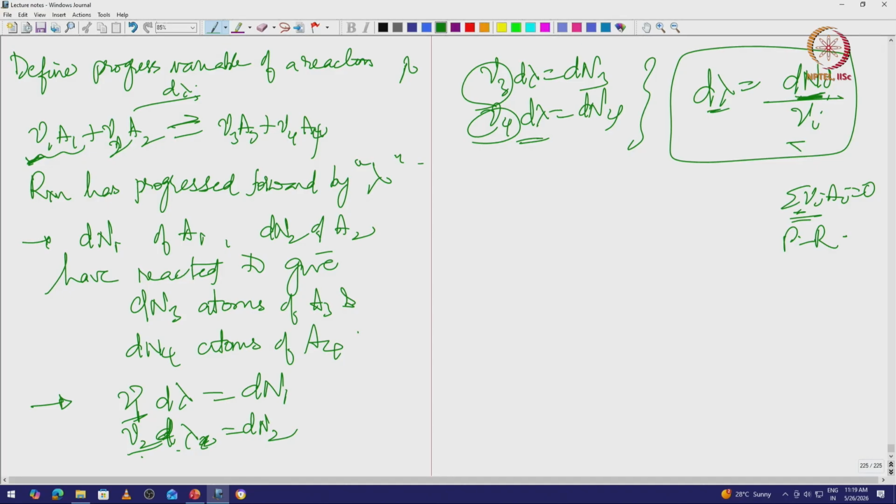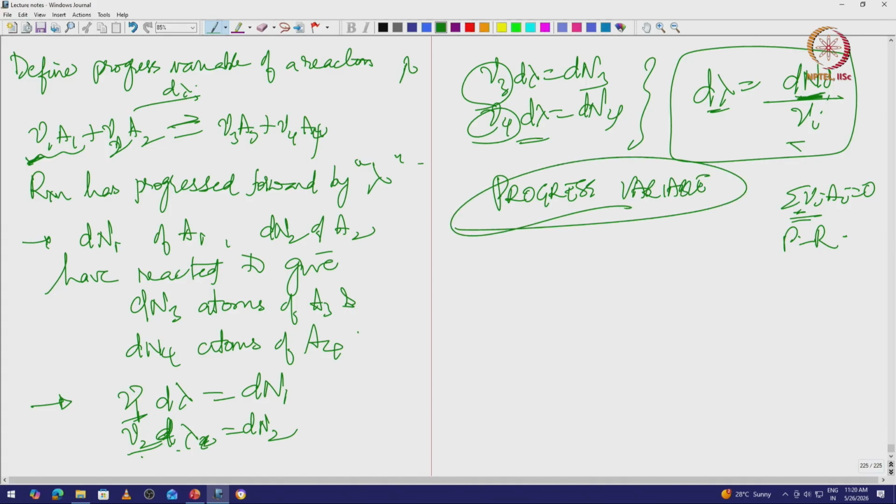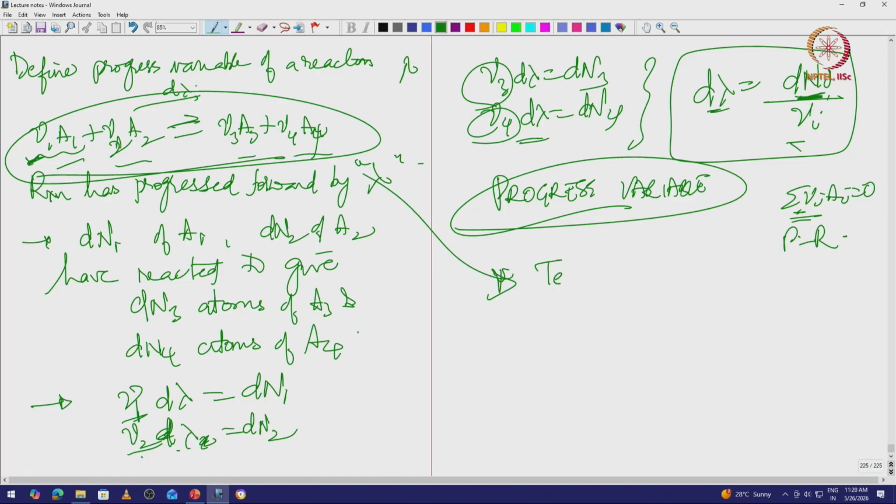So that reaction has progressed forward by an amount of d lambda, okay. This is what is called the progress variable, right, and the progress variable is a property of the entire reaction. It is not the property of A_1 or A_2 or A_3 or A_4, it tells the progress of the entire reaction.